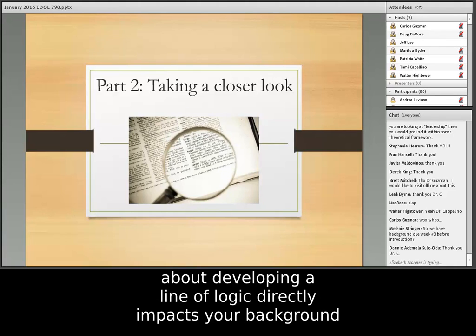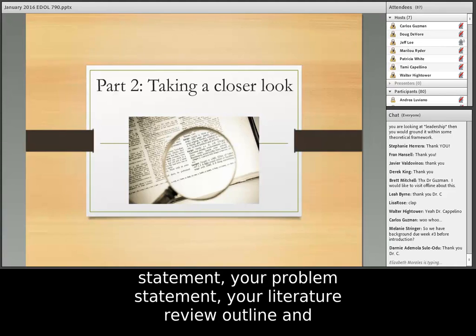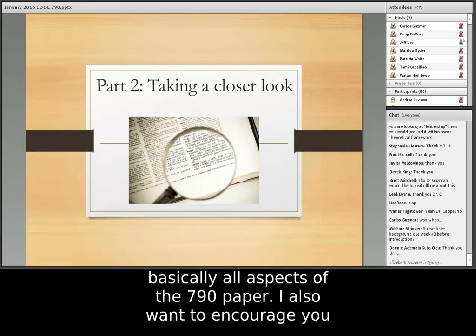How you go about developing a line of logic directly impacts your background statement, your problem statement, your literature review outline, and basically all aspects of the 790 paper.